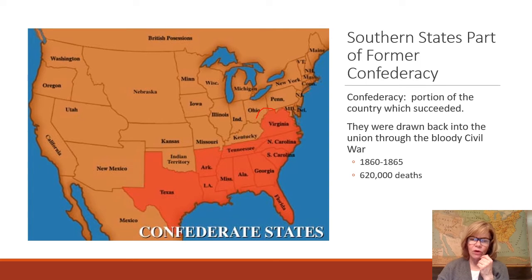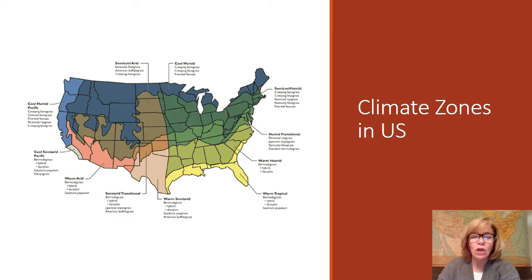As I said before, though, this map is incorrect because West Virginia separated from Virginia. Probably Virginia didn't recognize that that occurred. But over 600,000 Americans lost their lives, the bloodiest war in our nation's history, which makes sense since both sides were the combatants.